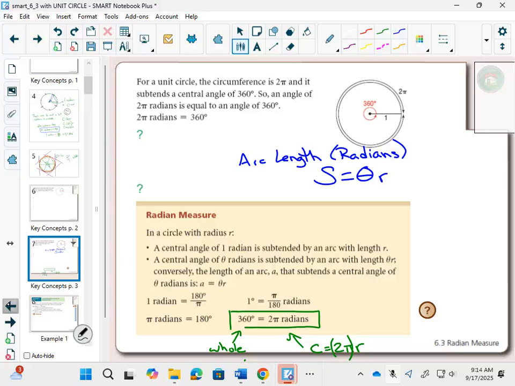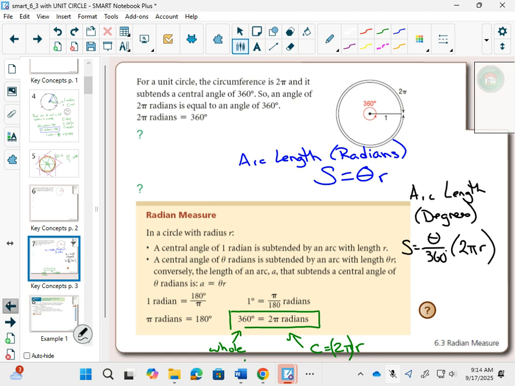Okay. So now we have, and maybe you want to put this off to the side, yesterday we talked about arc length in degrees as being a proportion of 360 degrees times our circumference.